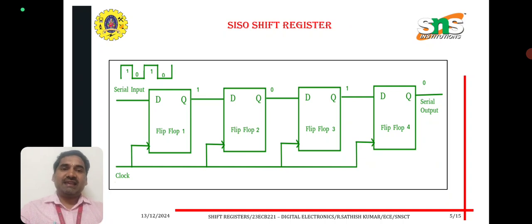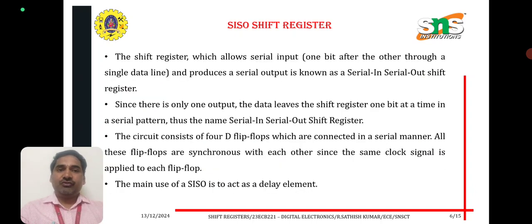This is the SISO shift register. It consists of 4 flip-flops, with serial input which produces the serial output. The clock is applied to each flip-flop. The shift register which allows the serial input one bit after the other through a single data line and produces the serial output is known as serial in, serial out shift register.